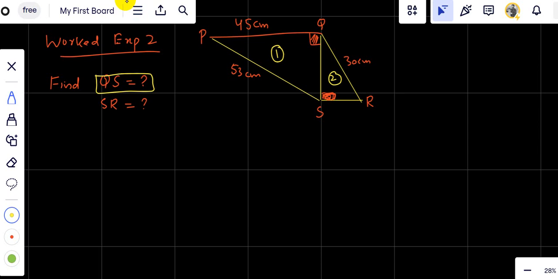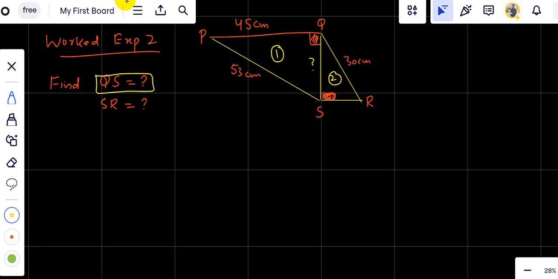Yeah, perfect. To find QS, we cannot use triangle QSR, because in this triangle we know only one value, which is 30 centimeters, the hypotenuse of QSR. To find any side, we should know two sides. But in triangle PQS, we are given two sides, so we can easily find the third one.